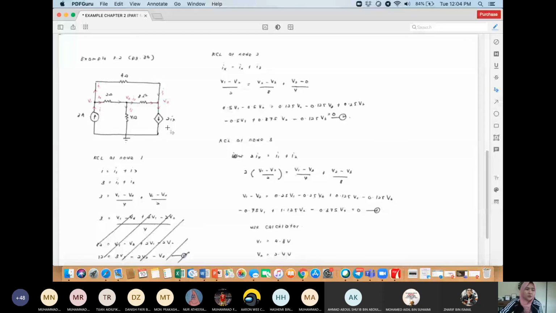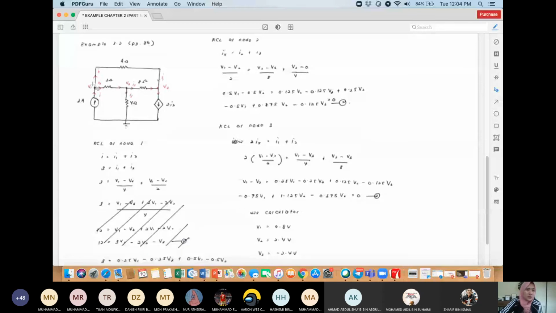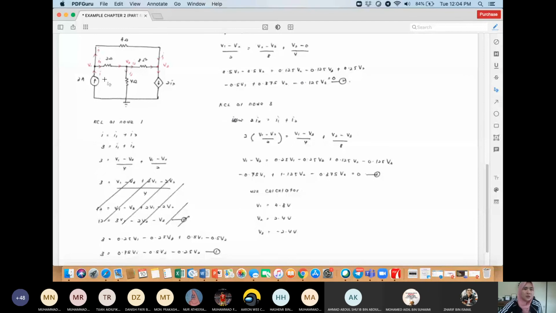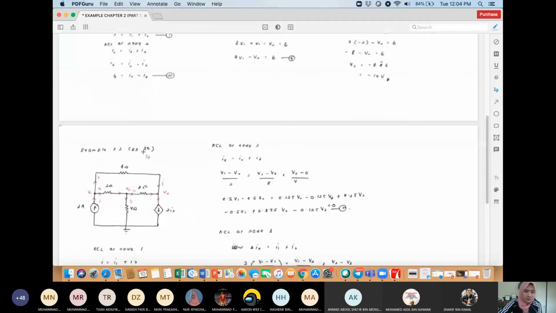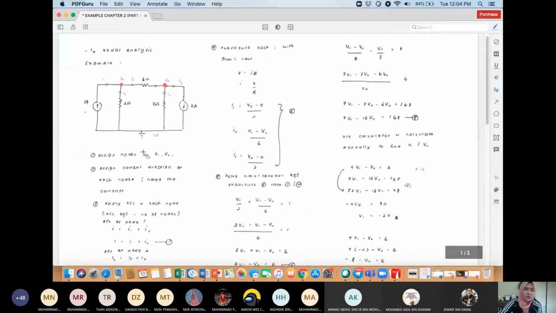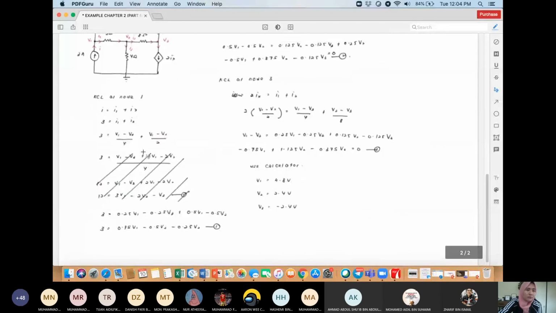Okay, so this is the first node. KCL at the first node is I equals to I1 plus Ix. I is 3, so we have 3 equals to I1 plus Ix. And then substitute each I with Ohm's law.